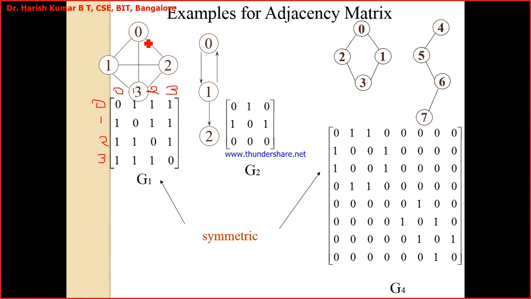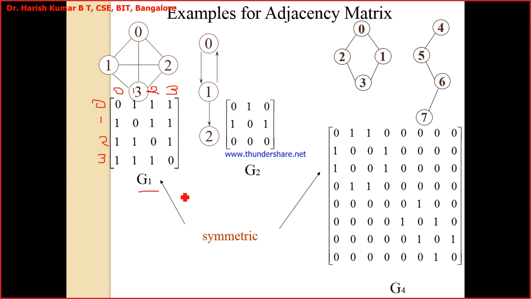Next, when I take 1 to 0, the edge exists, and 1 to 1, since there is no self loop for 1, it is marked as 0, and 1 to 2 is 1, and 1 to 3 is 1 again. Similarly for 2 and 3 it is written.